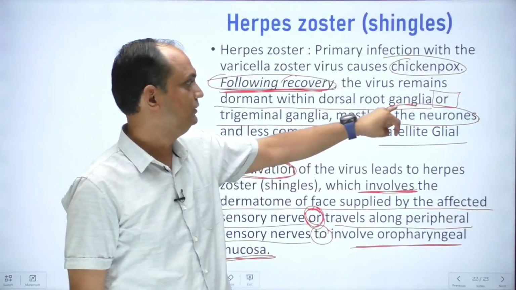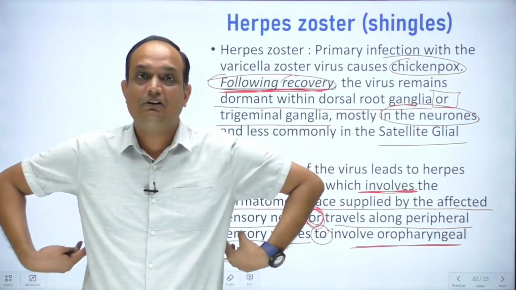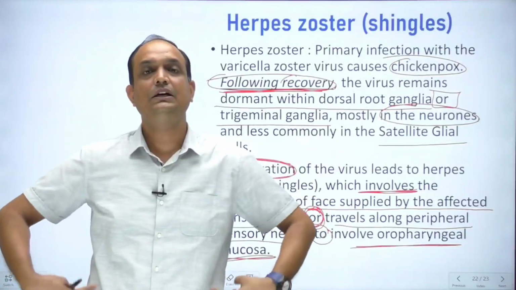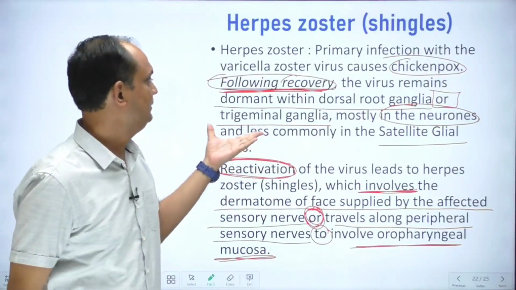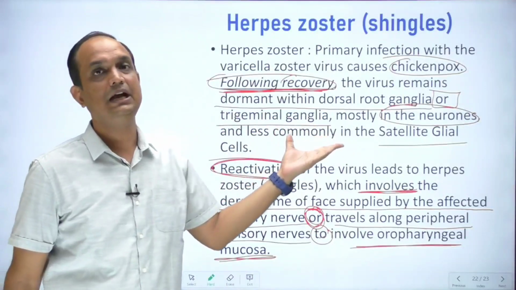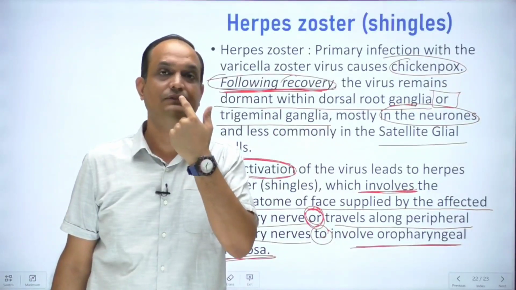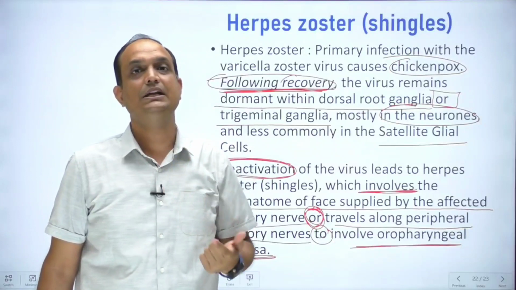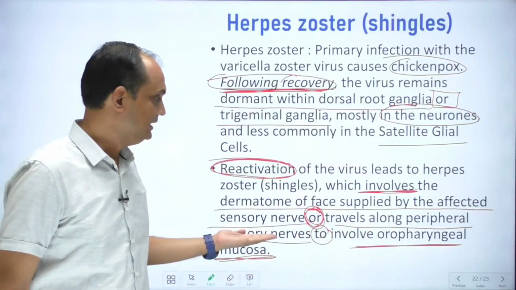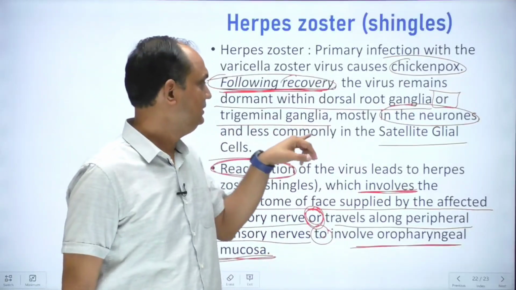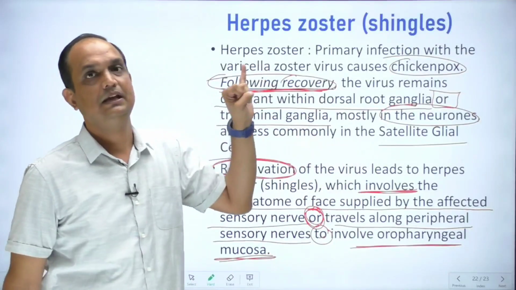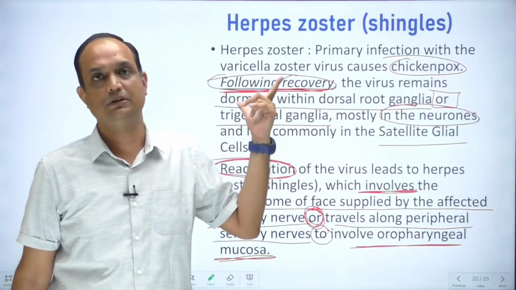If it is in the dorsal root ganglia, then the person will have herpes along the chest wall, intercostal spaces. But if the herpes is present in the trigeminal ganglia, then the person is having the herpes infection along the area supplied by the branches of the trigeminal nerve. Those are actually housing these viruses after the recovery from chickenpox.